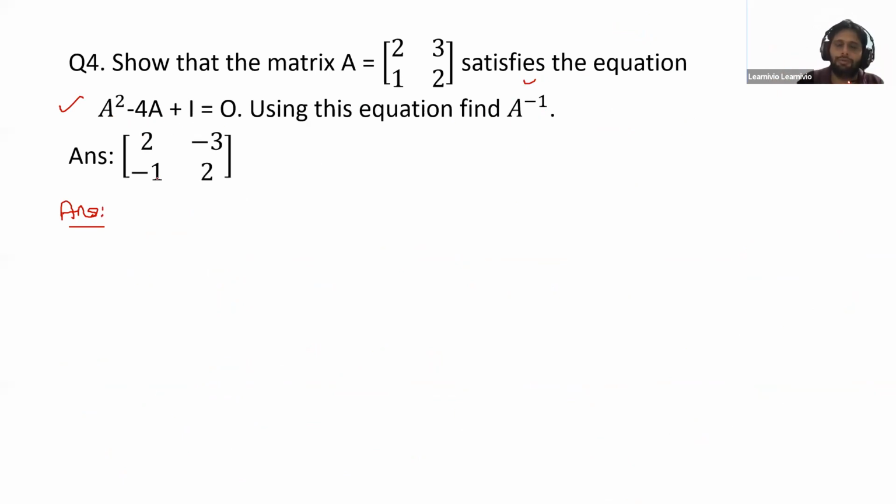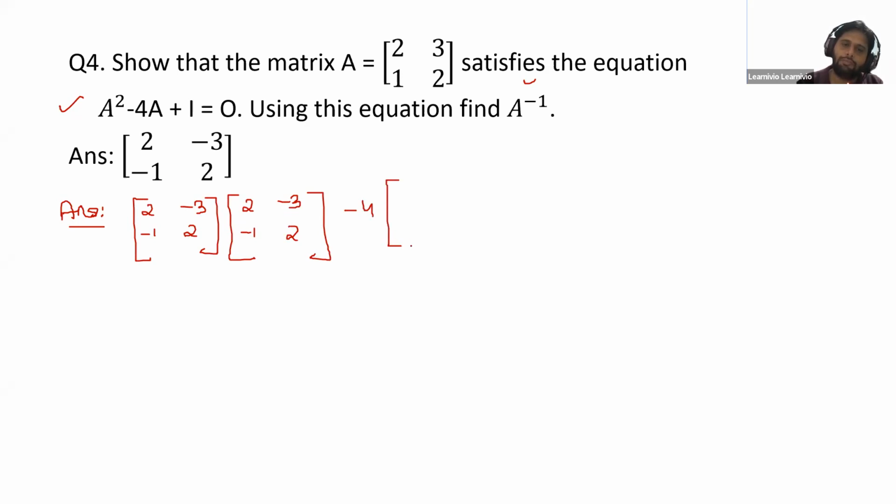A square minus 4A plus I. So we will put this value, 2, 3, minus 1 and 2, next one 2, 3, minus 1 and 2, minus 4A. A means 2, 3, minus 1 and 2, plus I is equal to null matrix.